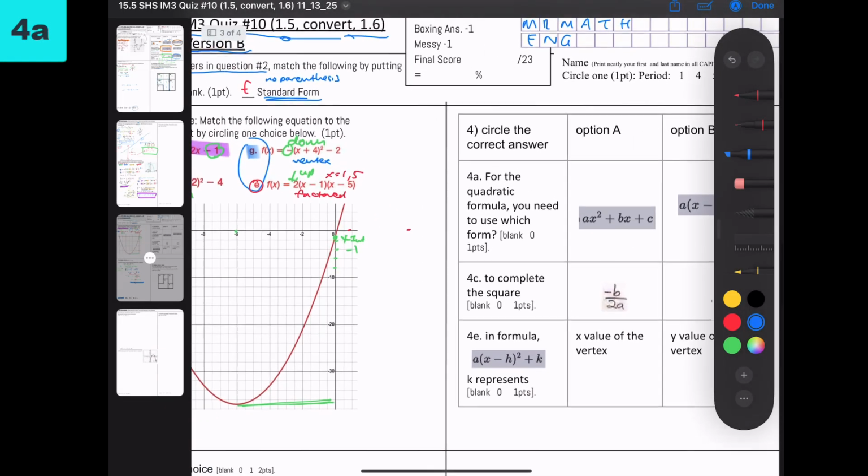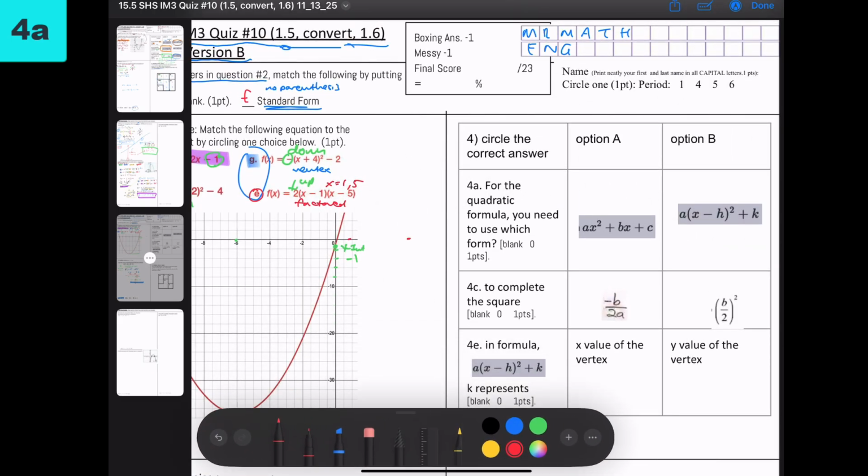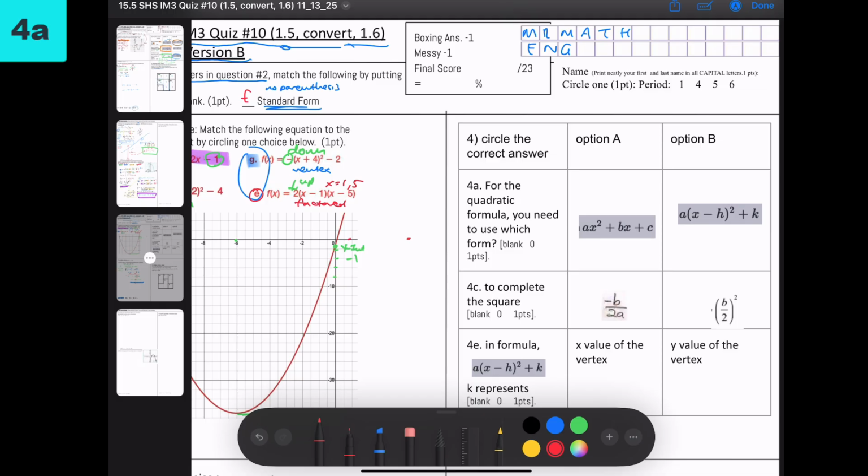Number 4. For the quadratic formula, you need to use which one? Well, you need the A, B, and C for the quadratic formula. This one has A, H, and K, so that would be wrong. For C, to complete the square, you need this one.